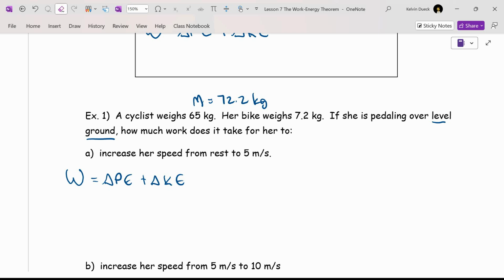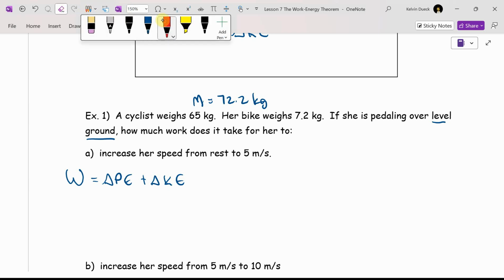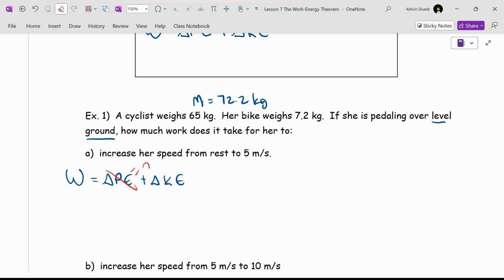If you're on level ground, are you gaining gravitational potential energy? Are you losing gravitational potential energy? So we can say that this is 0, and the reason we can say that it's 0 is because we're on level ground. If there was a hill, though, I could work it in, so this also still works great for roller coasters.